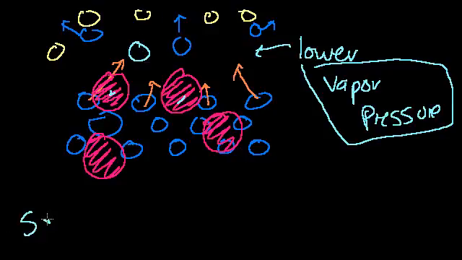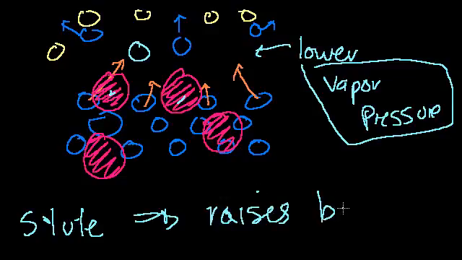So solute also raises the boiling point. The way you can think about it is, when you add something to a solution, it's going to make it want to be in the liquid state more. If you lower the temperature, it's going to want to stay liquid as opposed to ice. And if you raise the temperature, it's going to want to stay liquid as opposed to gas.